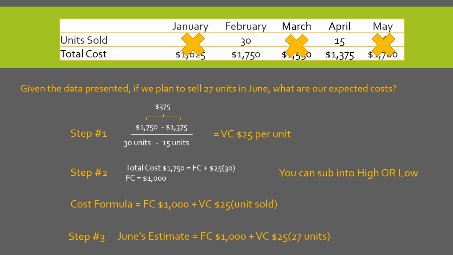I take the fixed cost of $1,000 plus the variable cost of $25 per unit times the 27 units, and I come up with $1,675. This is what I would anticipate our total cost to be in June if I plan to sell 27 units.